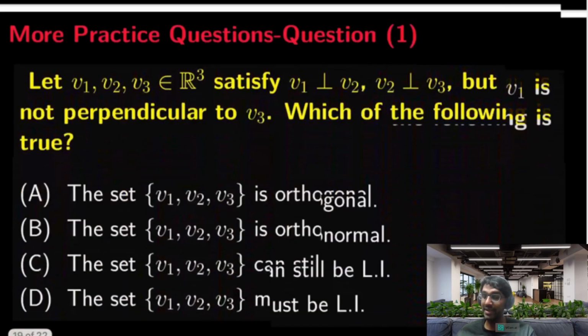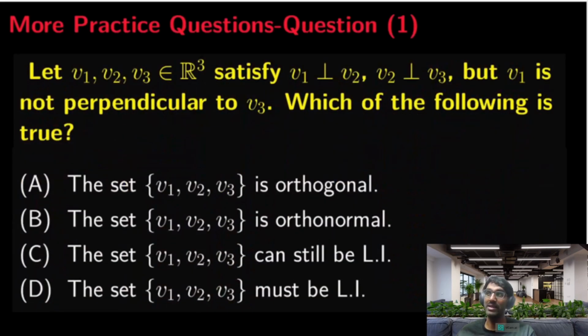So there are infinite orthonormal bases possible for Rn. I am also attaching a few related questions for the above topics, which you can practice and which can help you understand the concepts even better.